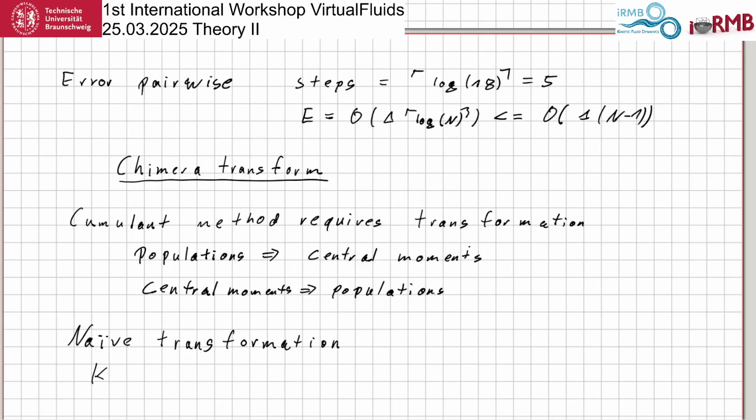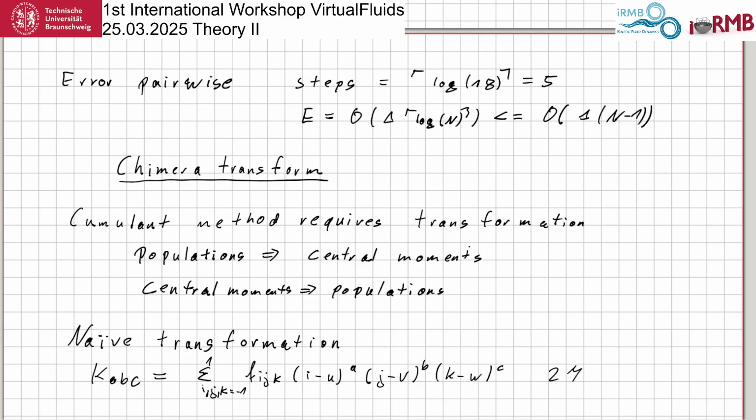You would just take the definition K_abc and go over the sum i, j, k from -1 to 1, f_ijk times (i minus u) to the power of a, (j minus v) to the power of b, and (k minus w) to the power of c.